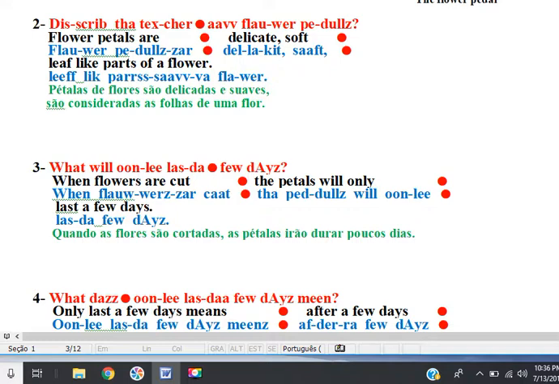Question. Describe the texture of flower petals. Well, flower petals are delicate, soft, leaf-like parts of a flower.